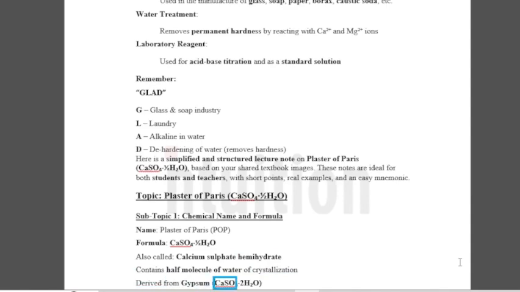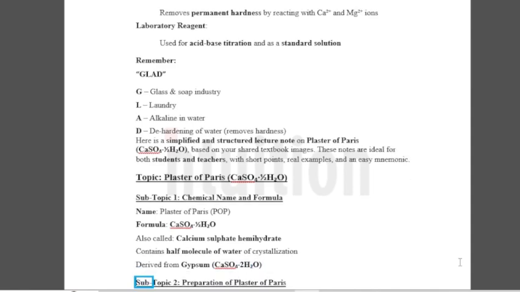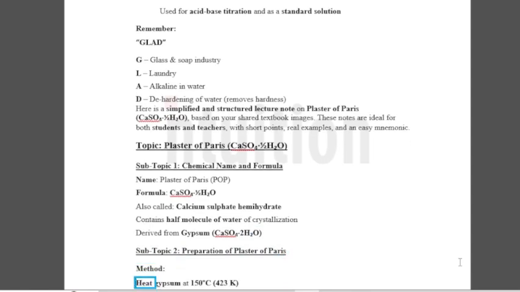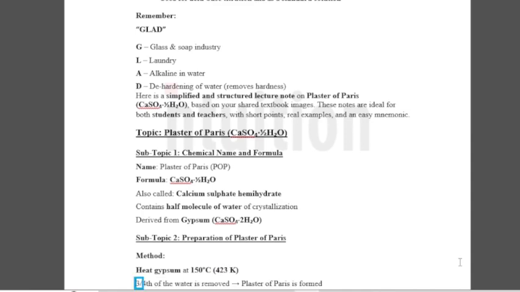CaSO₄·2H₂O. Subtopic 2. Preparation of plaster of Paris. Method: heat gypsum at 150 degrees C, 423 K. Three-fourths of the water is removed and plaster of Paris is formed.